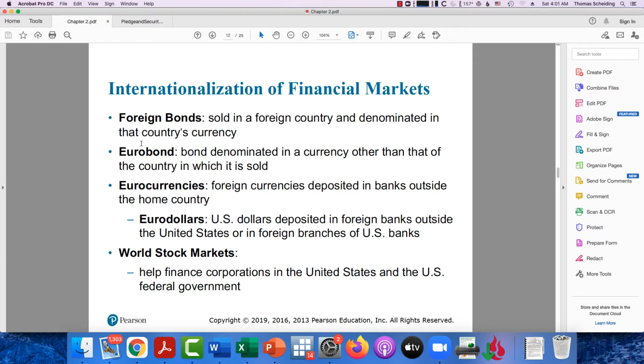Financial markets are obviously global. You can have foreign bonds, foreign currencies, foreign stock markets. My wife and I don't fight a great deal about many things, but I'd say the one thing we end up disagreeing probably the most about is the appropriateness of an investor having global exposure.